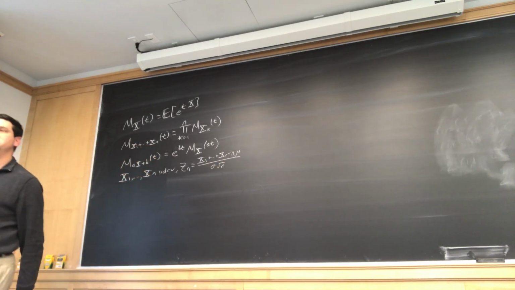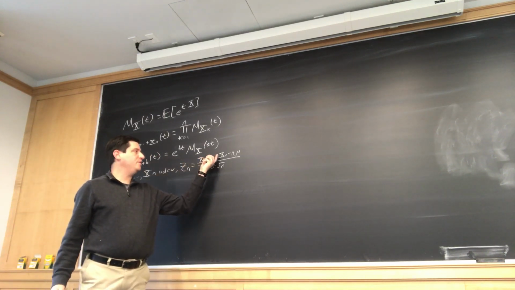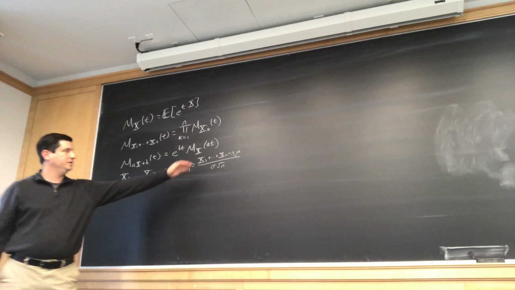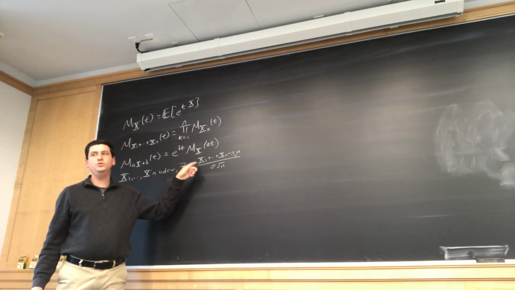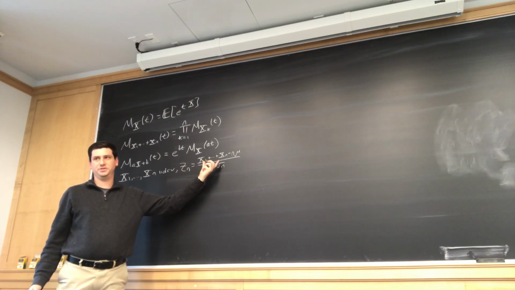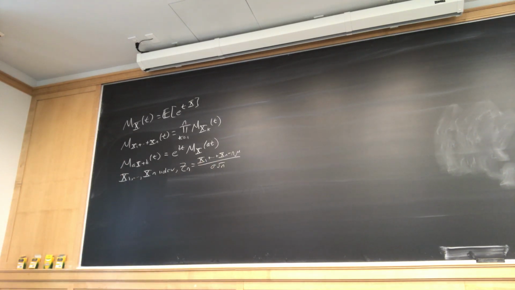So this was the standardization. We take our random variable. We know that the expected value of this is n times the mean, so just throw that away. And then this new quantity is going to have standard deviation square root of n sigma, because its variance is n sigma squared, because we have n terms. So we divide by sigma square root of n, so this now has mean 0, variance 1.